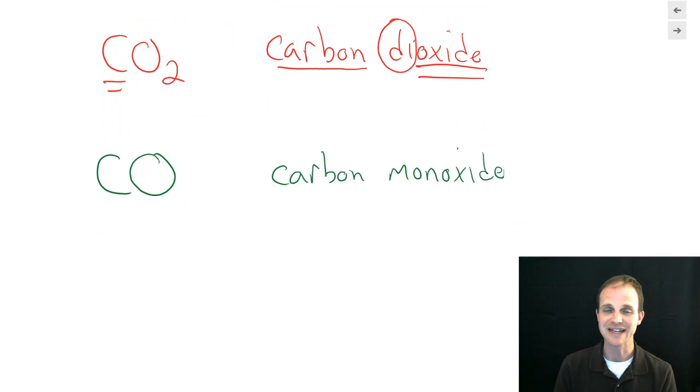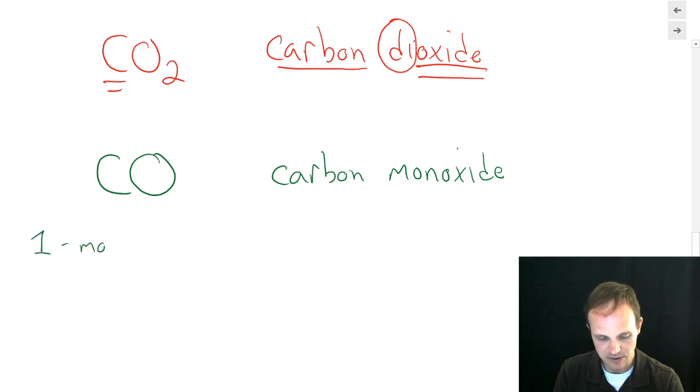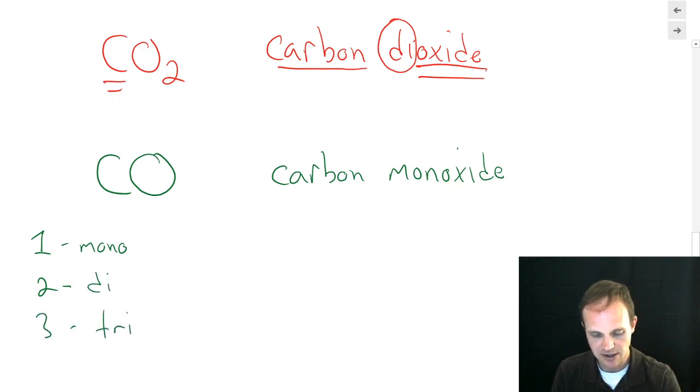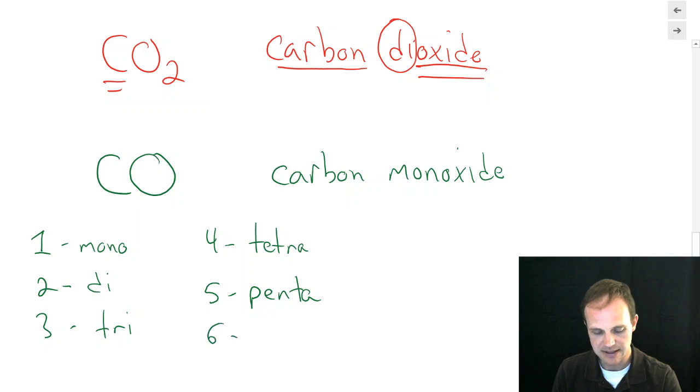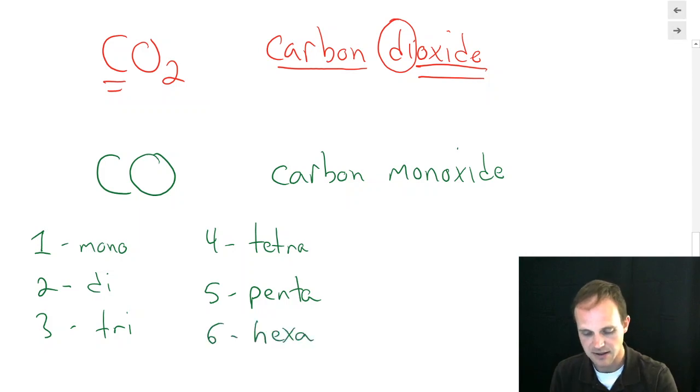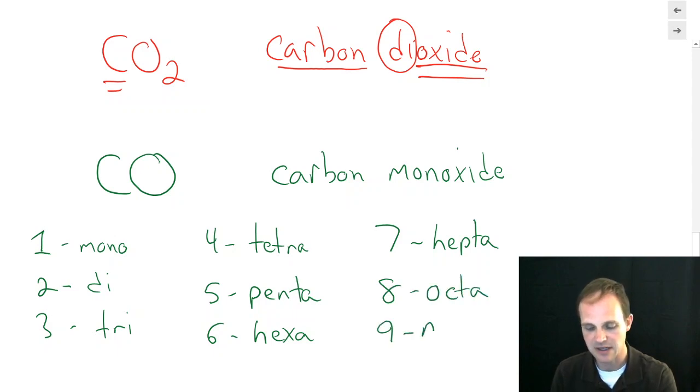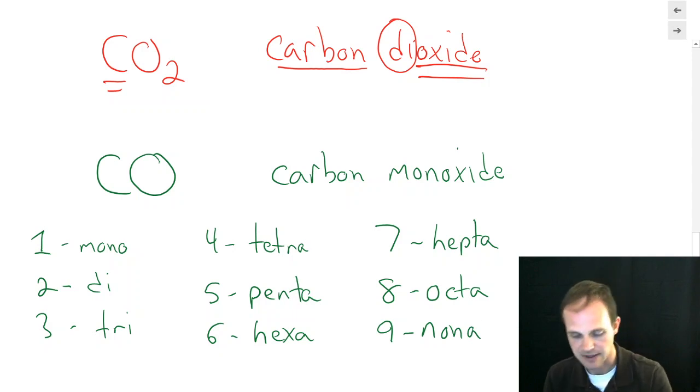Well, our general rule is we're going to count each of our atoms, and we're going to use Greek notation, which for 1 is mono, 2 is di, 3 is tri, 4 is tetra, a 5-sided shape is a pentagon, 6, a 6-sided shape is a hexagon, 7, you might have seen different words for this, but we're going to use hepta, 8, octa for octagon, 9 is my favorite, nona, okay.